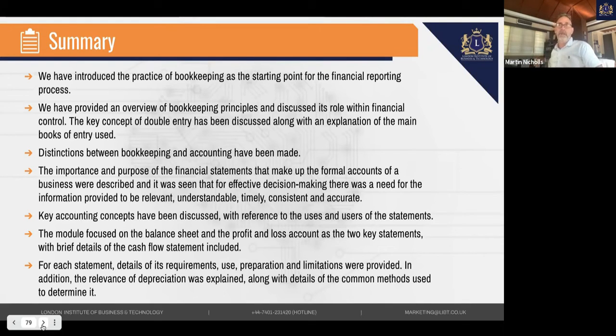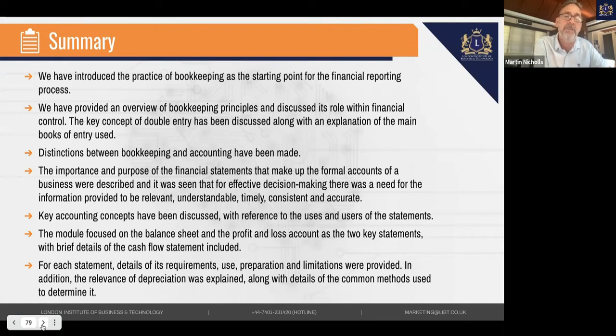Remember, bookkeeping, that's about recording transactions. Accounting, financial accounting, or managerial accounting, that's really about starting to make decisions and reports around the business as well. The importance and purpose of financial statements that make up the formal accounts of a business have been described.